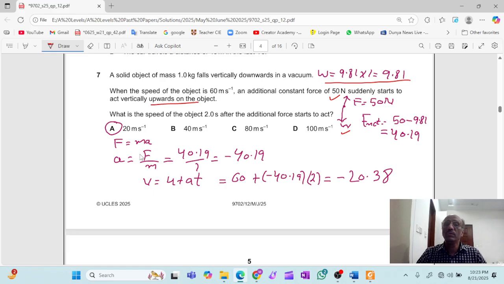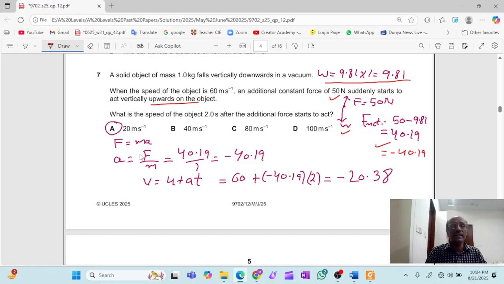So we will calculate the weight, 9.81 into 1, so one force is 9.81 Newton, the other force is 50 Newton. So the resultant force will be 40.19, and it will act in the opposite direction of the motion. So we will replace the negative sign, so minus 40.19.